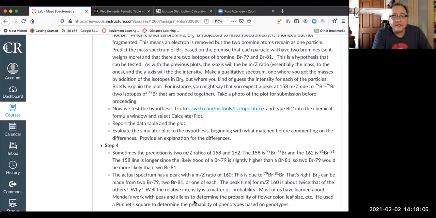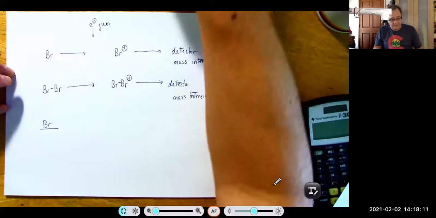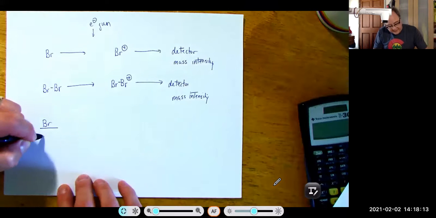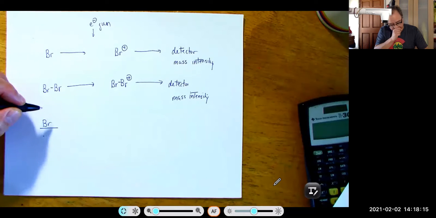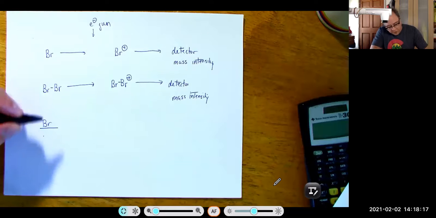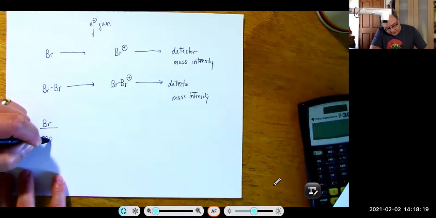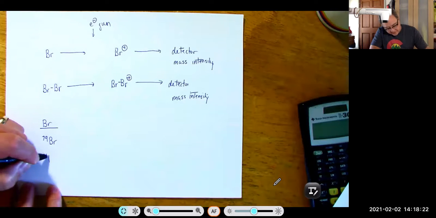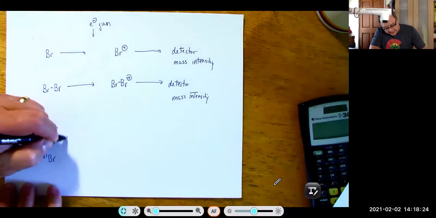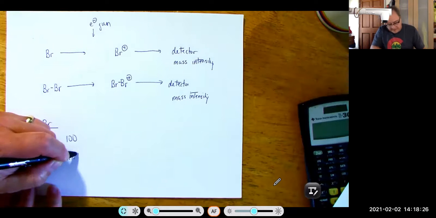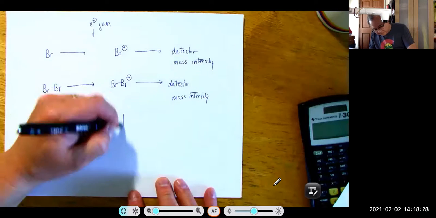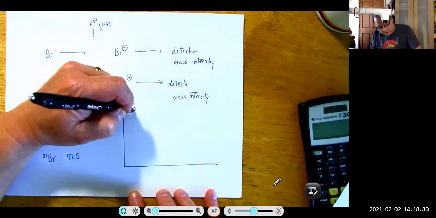Based on this idea that you have 2 bromines, 79 Br and 81 Br, and this one is 100 and this one's 97.5, I want you to draw the mass spectrum for Br2.